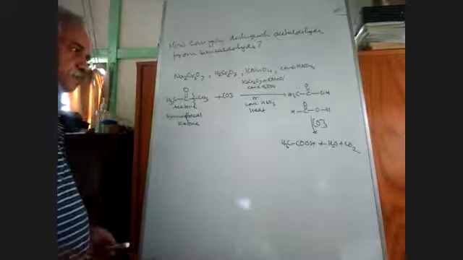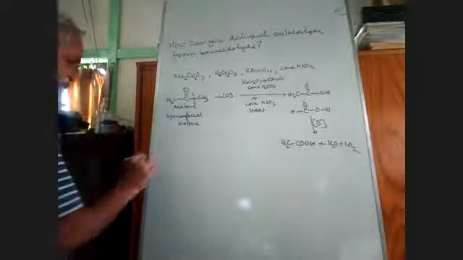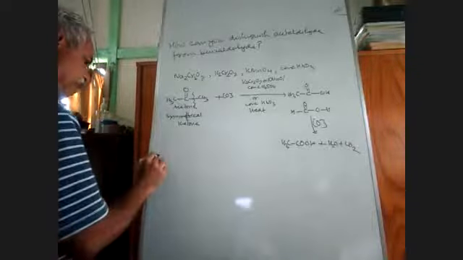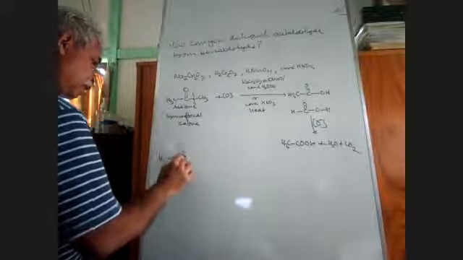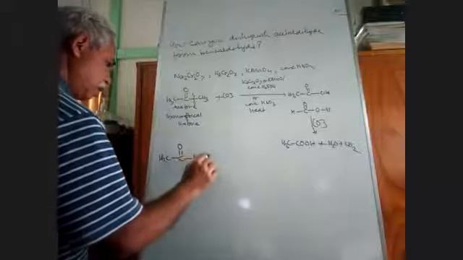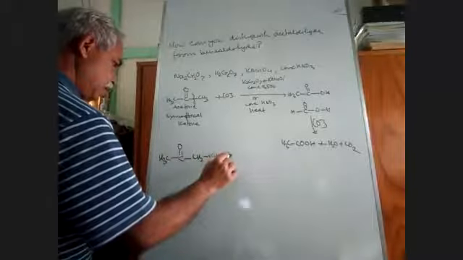This is for symmetrical ketone. I'll finish within 5 minutes. Now see here, I have taken an unsymmetrical ketone, CH3CH2COCH2CH2CH3. In a symmetrical ketone, if I break it from any side, I get the same product.